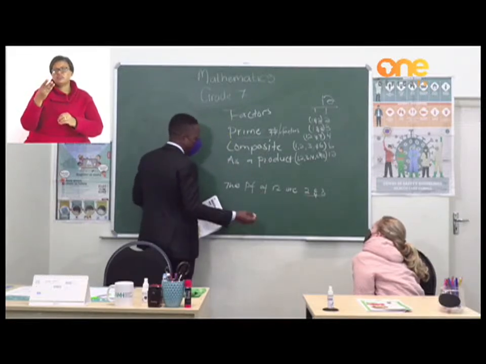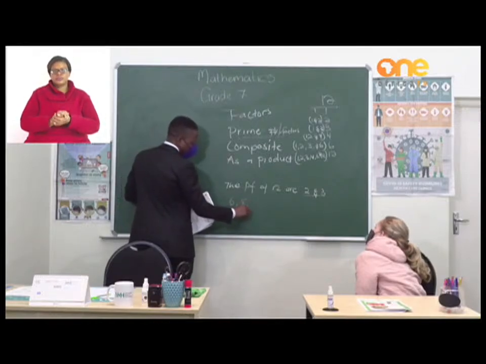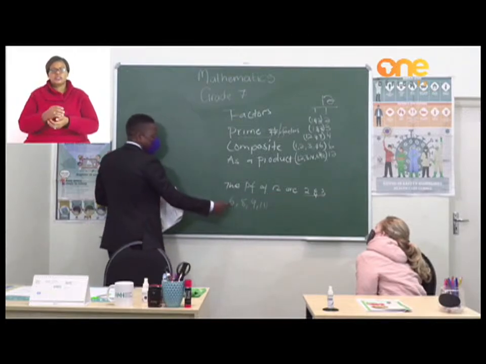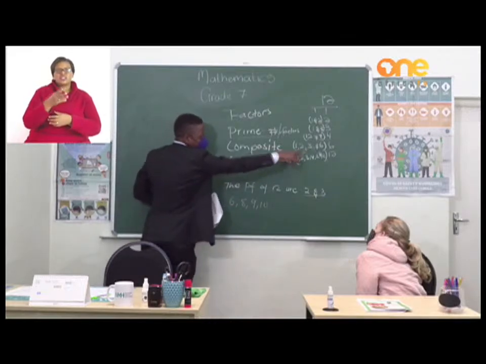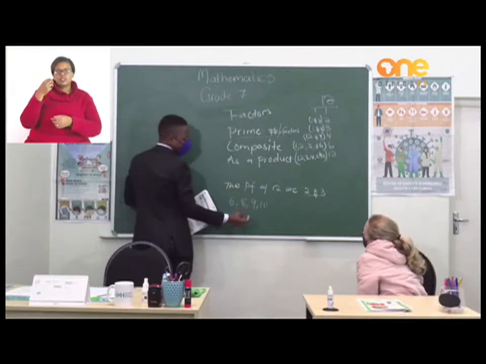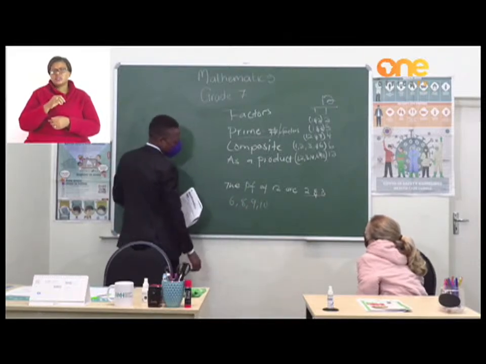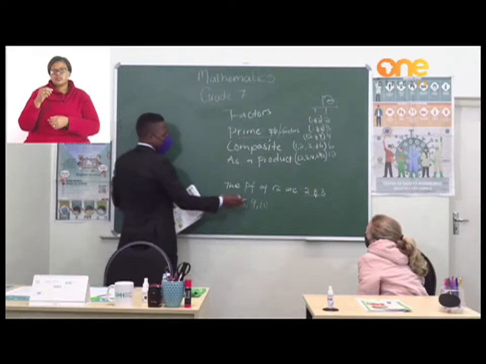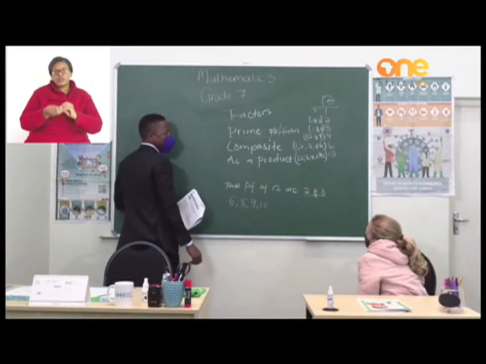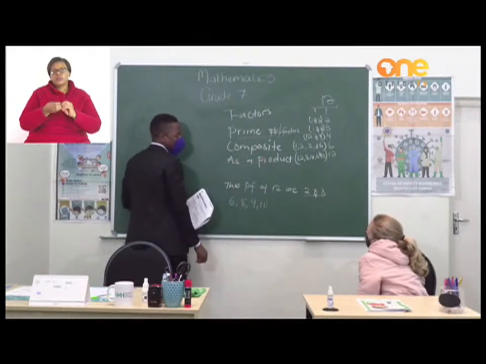Other composite numbers we can talk about are 8, 9, 10, and so on. 8 has factors 1, 2, 4, and 8. 9 has 1, 3, and 9, and 10 has 1, 2, 5, and 10. So composite numbers are the opposite of prime numbers. Prime numbers have two factors. Composite numbers have more than two factors.